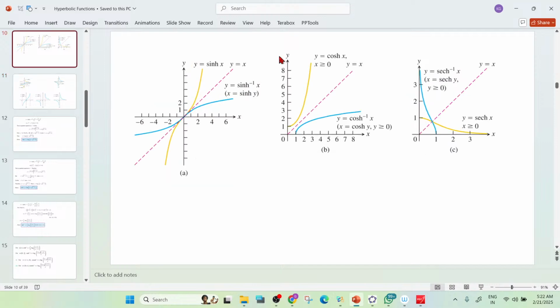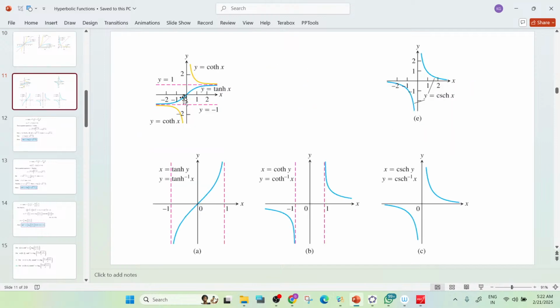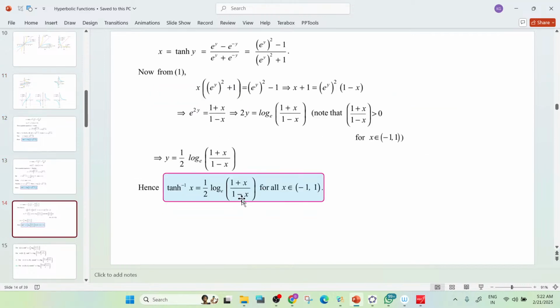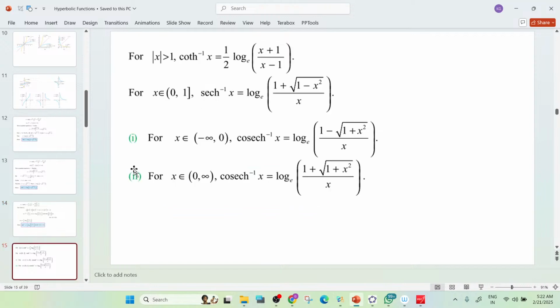You remember this, no? This range is between minus 1 and 1, that's why this domain is between minus 1 and 1. So the logarithm of this thing should be positive, that's why this is like this, and the next one is like that. Here x is greater than 1. The inside one should be positive.